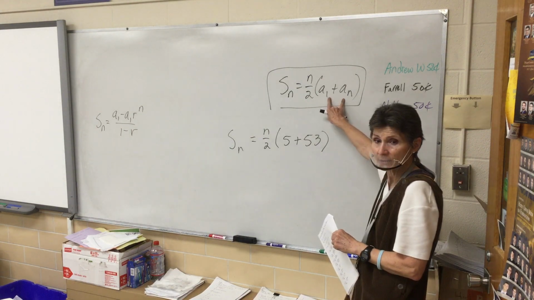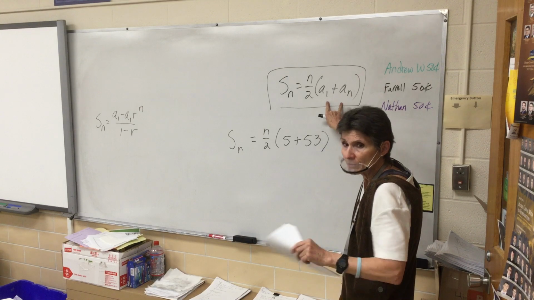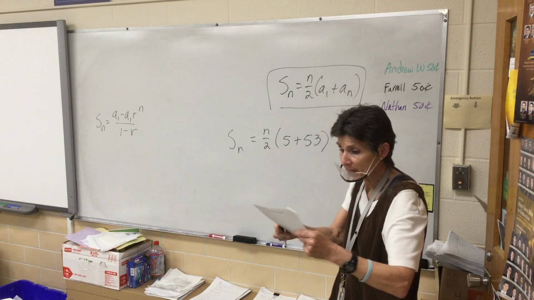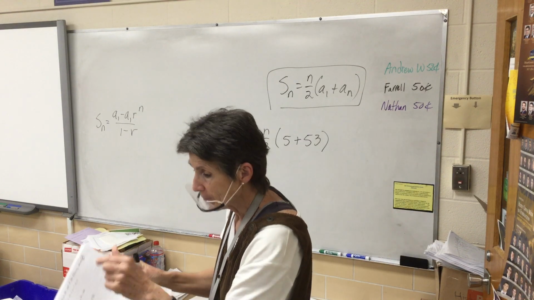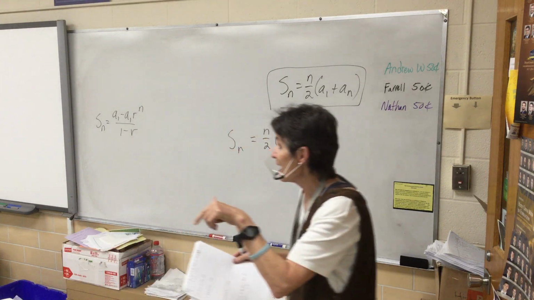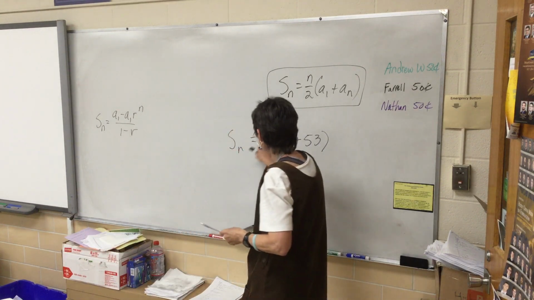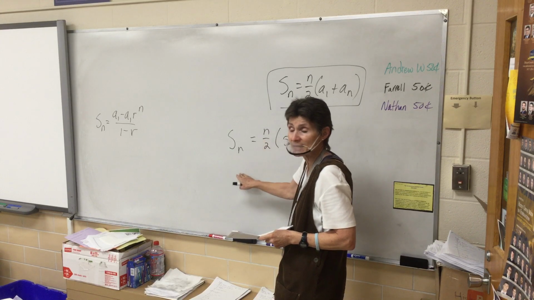What do I not know? The total number of terms. In my other examples, I could just count because I had all the numbers, but now I don't know if there's 10 or 20 or 80.